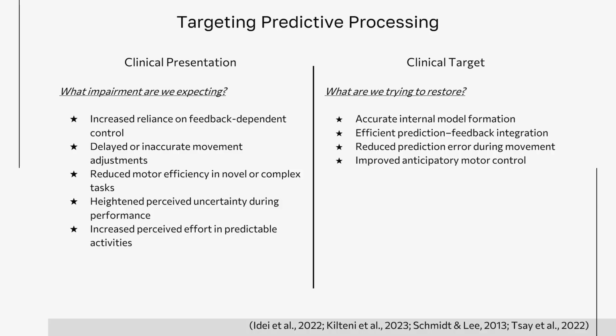This leads to increased perceived effort in predictable routine activities. What we're trying to restore clinically is accurate internal model formation, efficient prediction feedback integration, reduced prediction error during movement, and improved anticipatory motor control. We have to shift them from the reactive state of action that they are in back to the predictive.